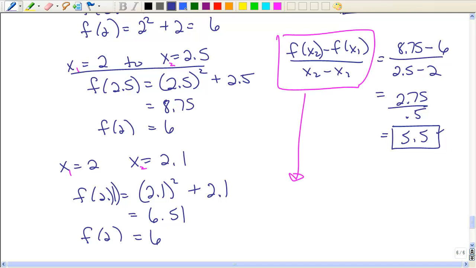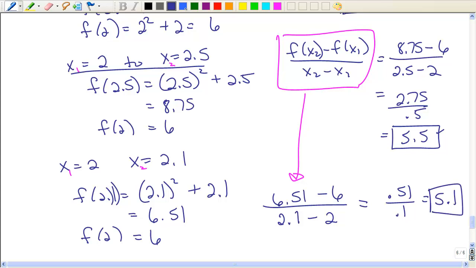So I have 6.51 minus 6 over 2.1 minus 2. I get 5.1. So I started out with 6, then I got down to 5.5, 5.1. So maybe as that gets closer and closer, maybe we'll get a slope of 5.